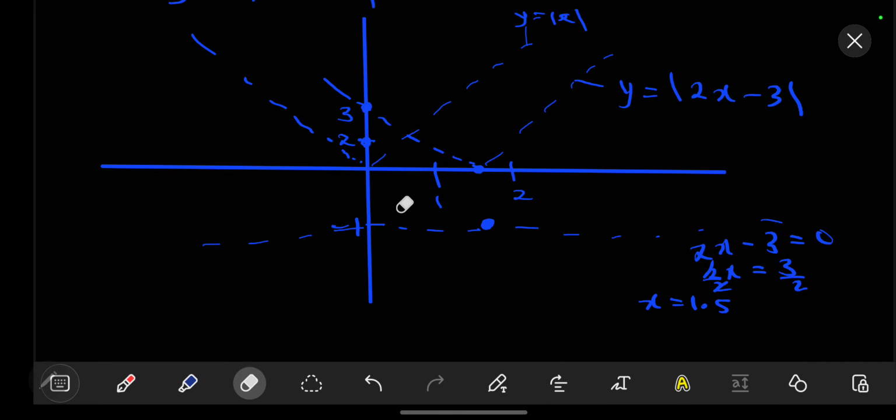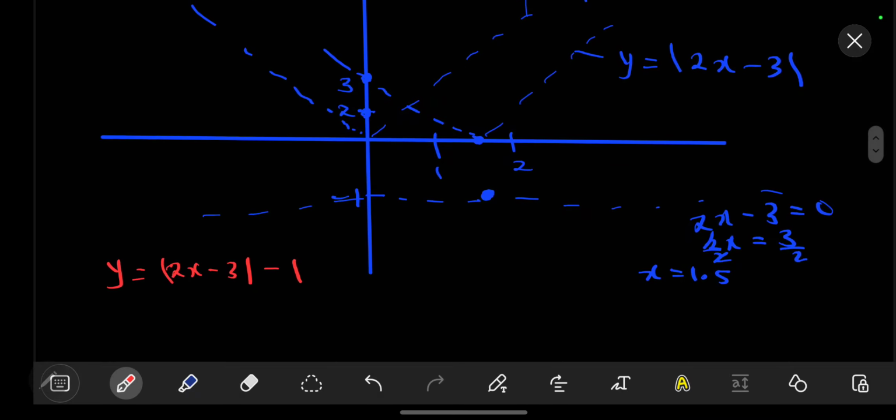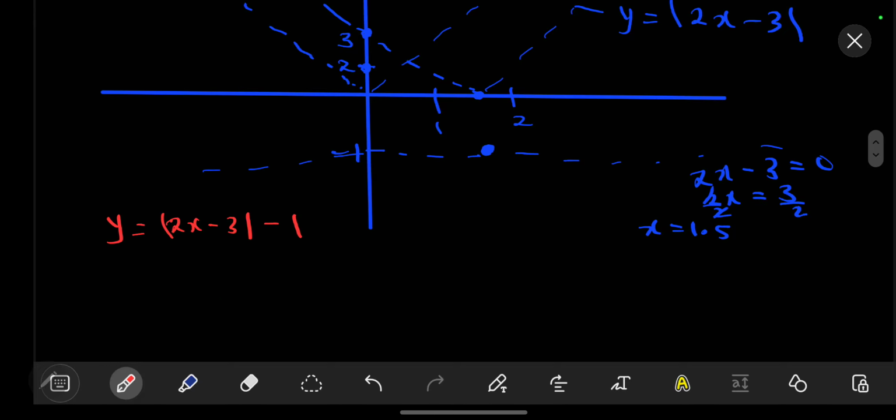Now, in order for us to know where the graph passes on the x-axis, we are going to say y equals the absolute of 2x minus 3, then minus 1 like that. So if we want the x-intercept, y is equal to 0. So we say 0 equals the absolute of 2x minus 3, minus 1.